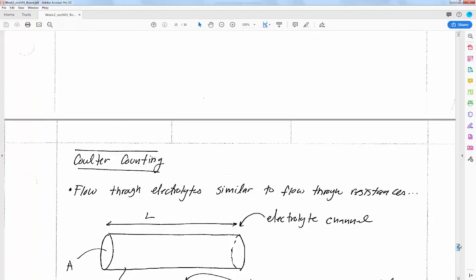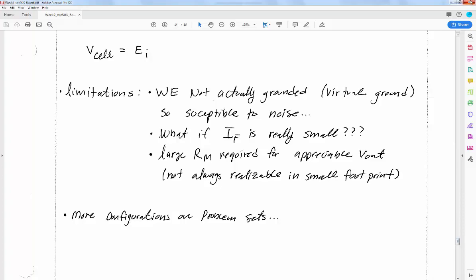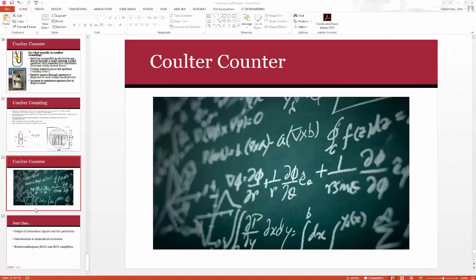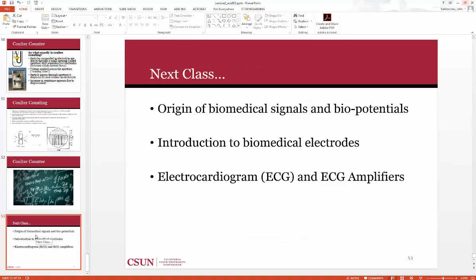So that ends the Coulter counting portion of this lecture. What I did want to do is go over some introductory information regarding ECG and EEGs. So let's get to that. Please work on the problems, but let's move on to the next set of slides.